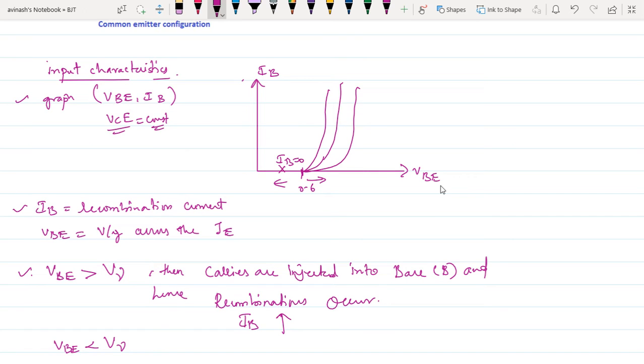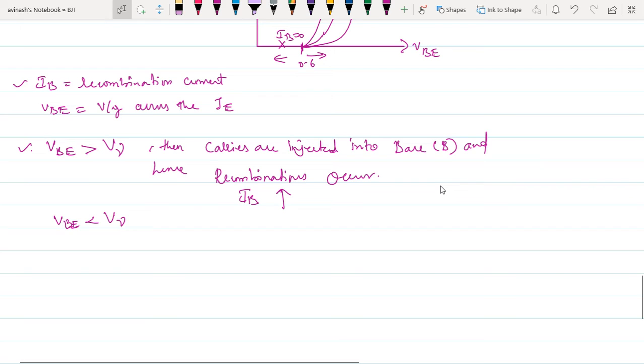What is the constant parameter we have here? This is VCE3, this is VCE2, VCE1. Hope you understand this point. When the input voltage is less than the cut-in voltage, there are no carriers, that implies IB value will be 0.